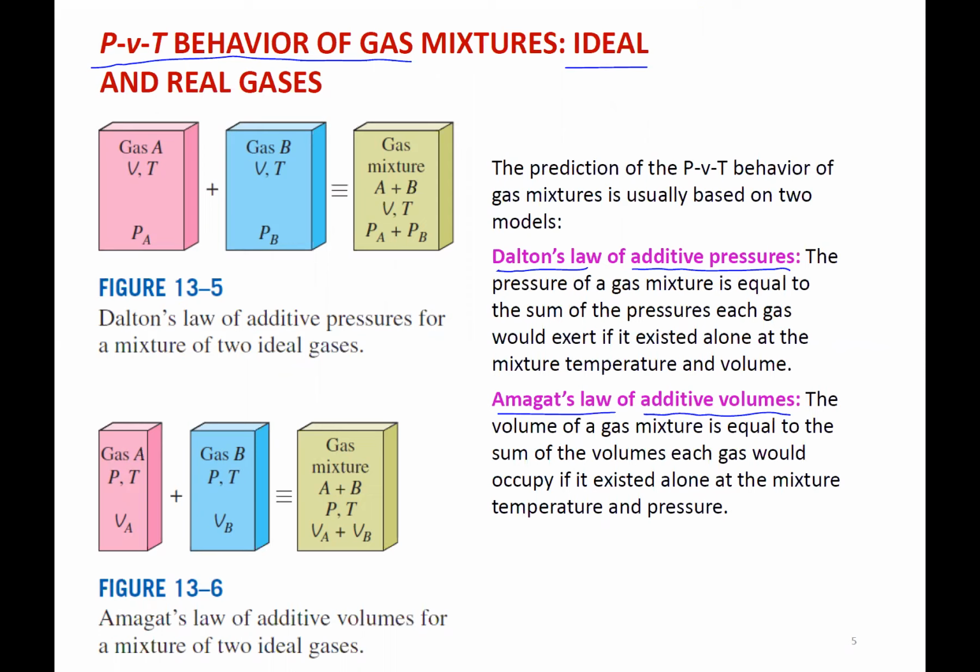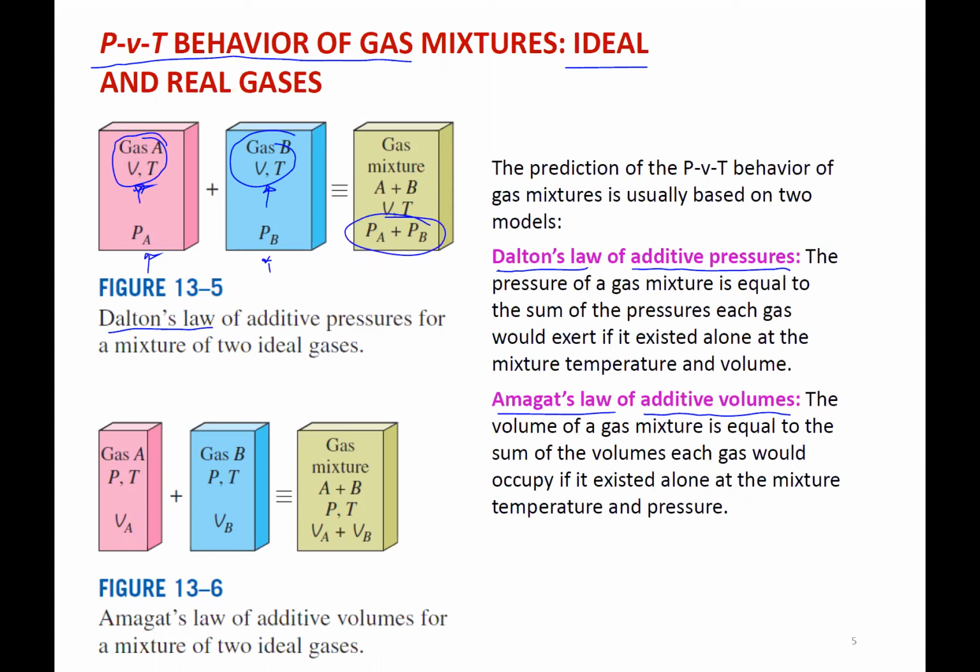For Dalton's law, gas A is at the full volume and the mixture's temperature, gas B is at the full volume and the mixture's temperature, and we solve for the pressure of gas A and then the pressure of gas B using the ideal gas law. We add those two pressures up and we get the total pressure.